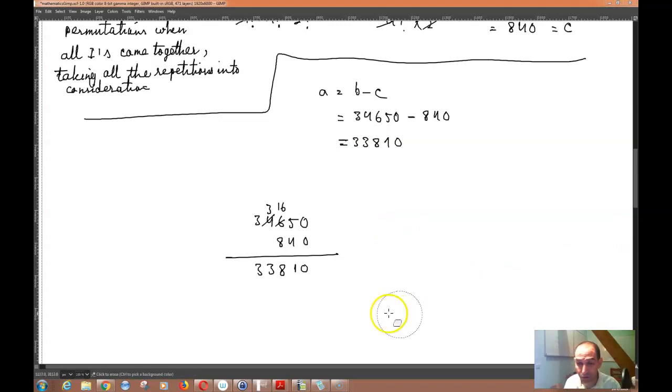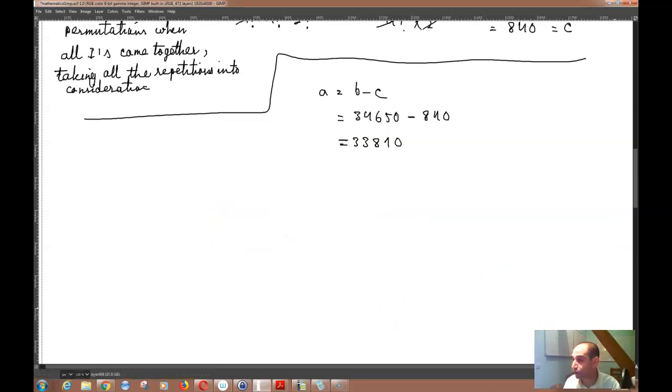And if that is the right answer, which I think it is, number 10, 33,810, which is actually the right answer.